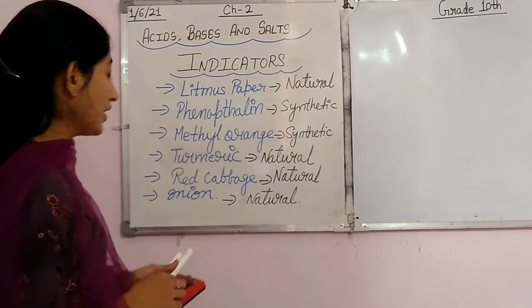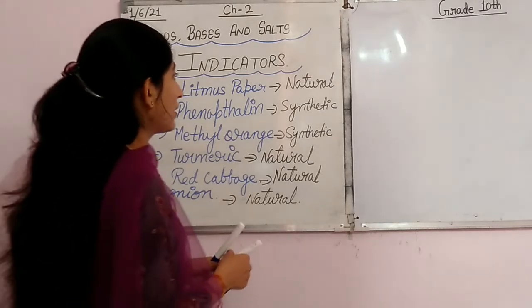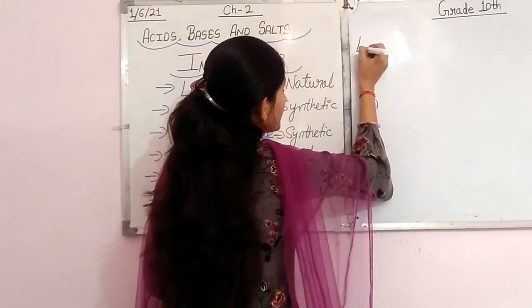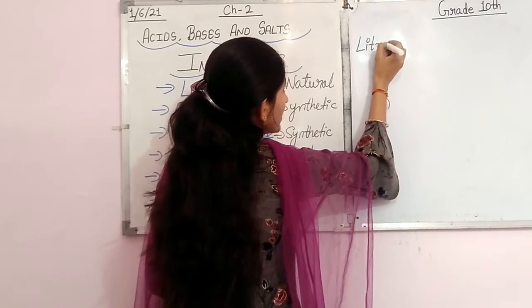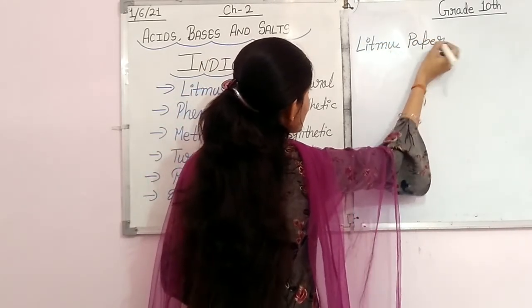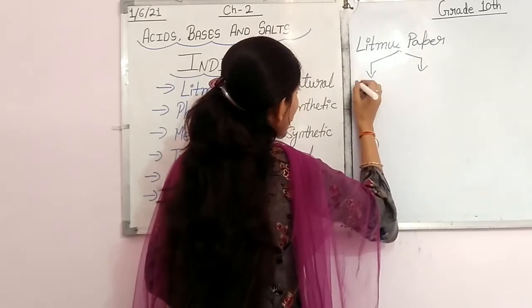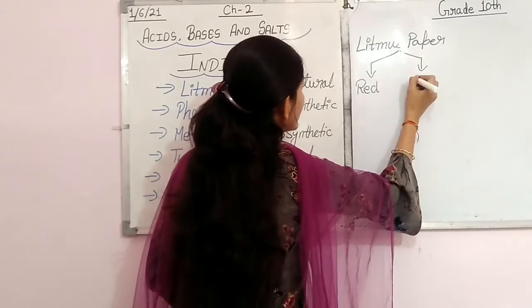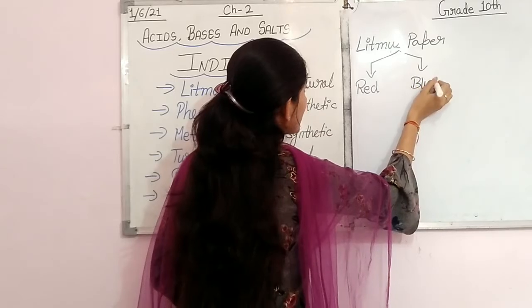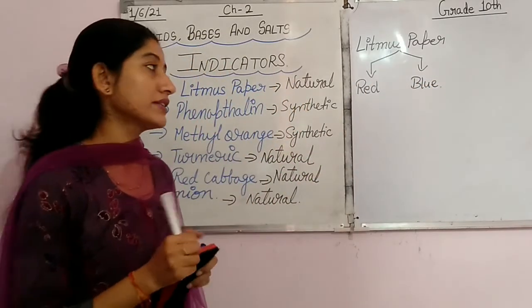So students, when we talk about the litmus paper, it is available in two forms. One is red and another one is blue. The litmus paper is present in two forms, red litmus and blue litmus.